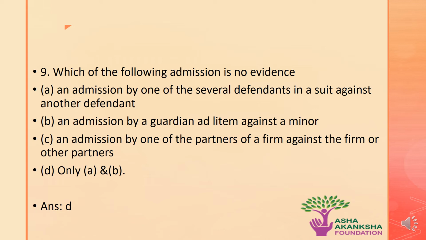Or D. Only A and B. The correct answer to this question is option D, that is only A and B are the admissions that are no evidence. That means to say an admission by one of the several defendants in a suit against another person and an admission by a guardian ad litem against a minor is no evidence.